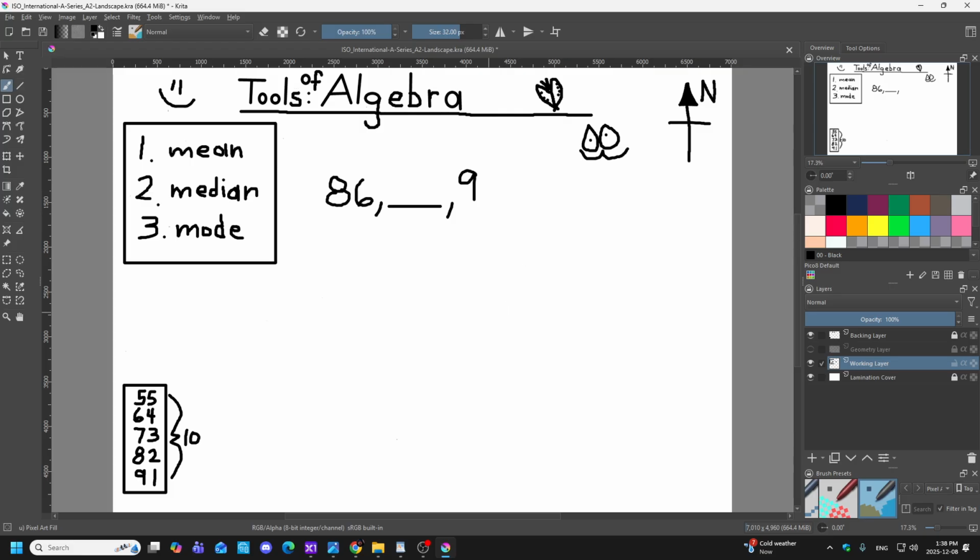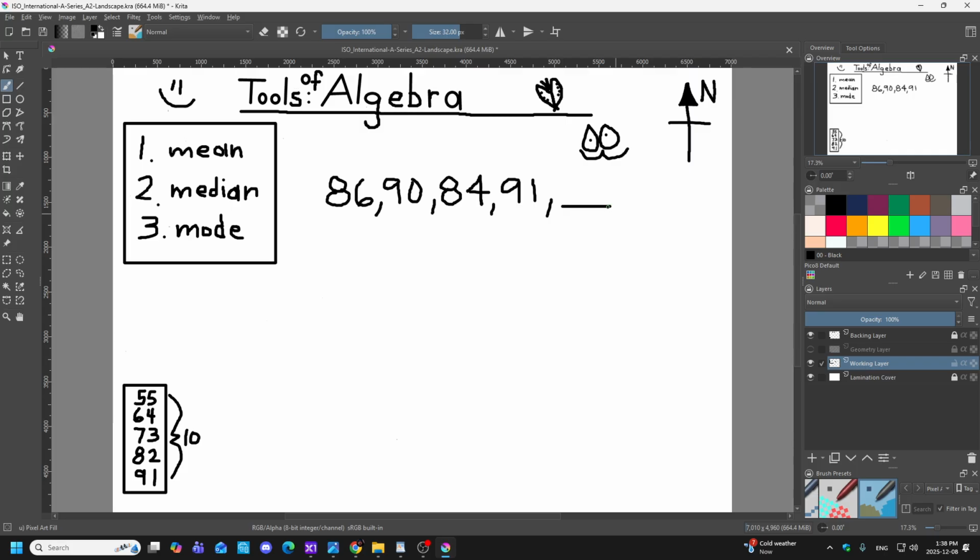Actually, I should do it like this so it's not confusing. Let me write them down here in order. Well, they're not in order, actually. 86, 90, 84. I'm excited to show this one. And 91, okay? So that's 4 exams, right?